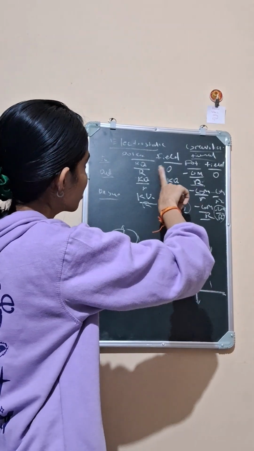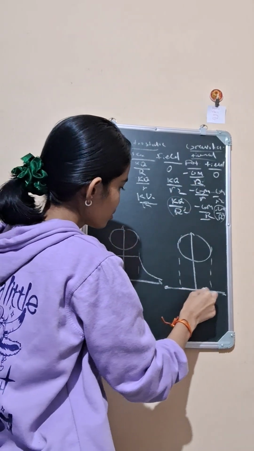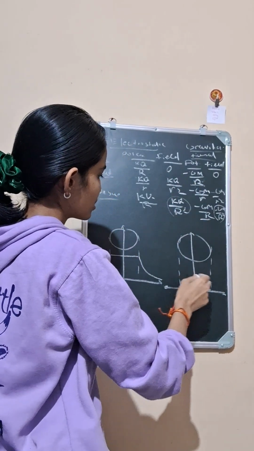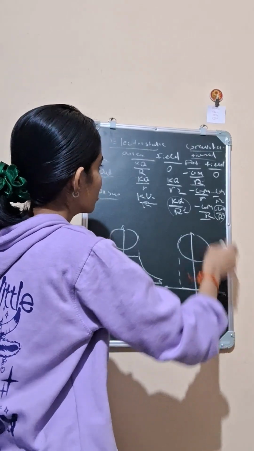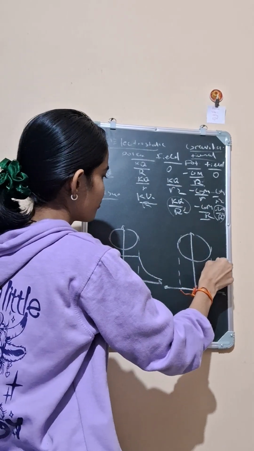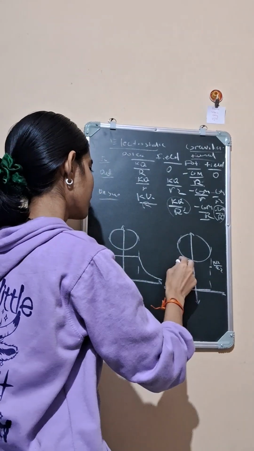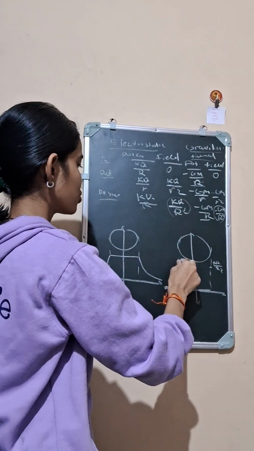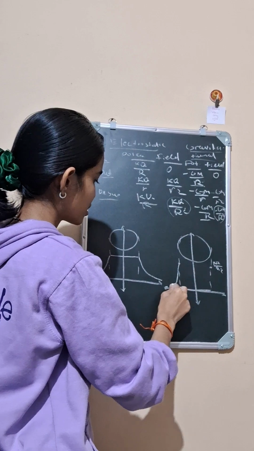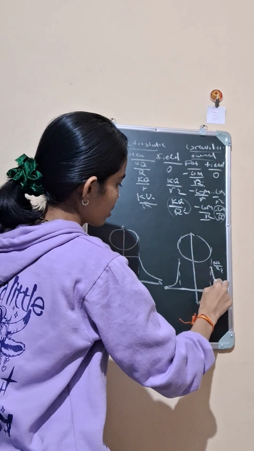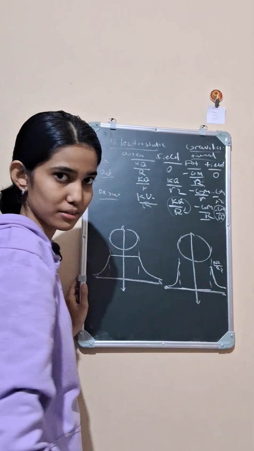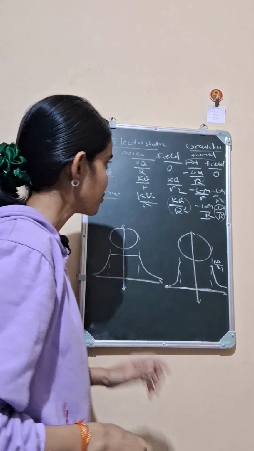Its field is 0 inside but has a value of kq by capital R square on the surface, and this field also decreases with distance but more rapidly outside the sphere. I guess everything is clear.